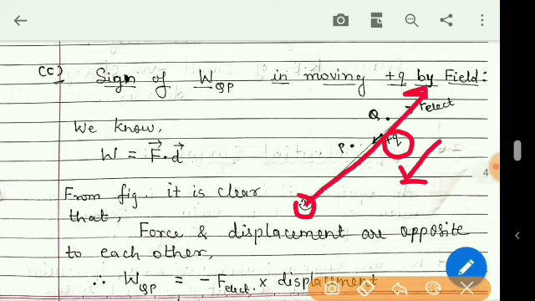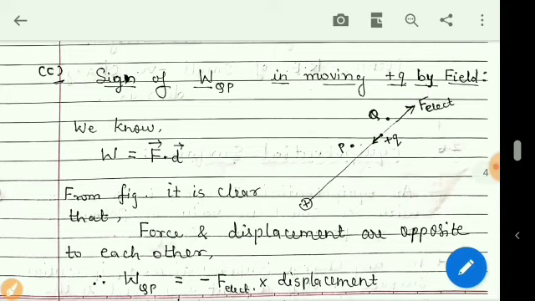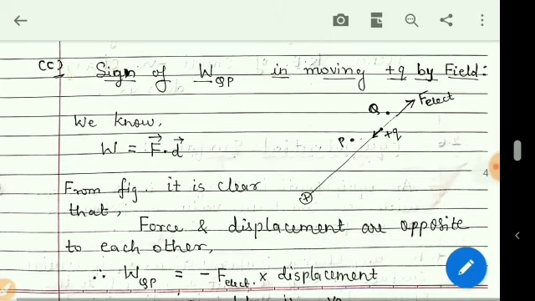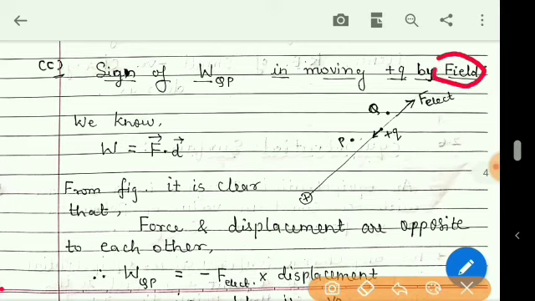So we know that here the work done, W, is always force into displacement, but it is in a dot product manner, F dot D. Now here it is given that the work done by the electric field is to be obtained. You can see in the question, the work done by the field is to be obtained.